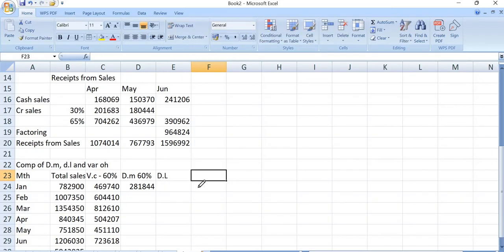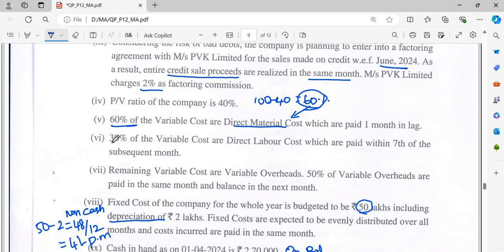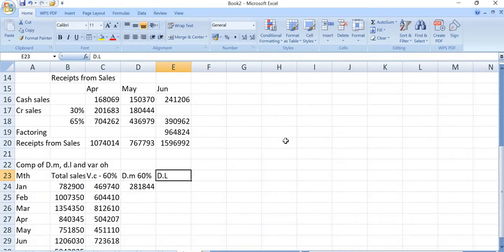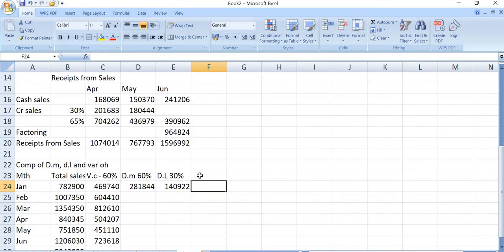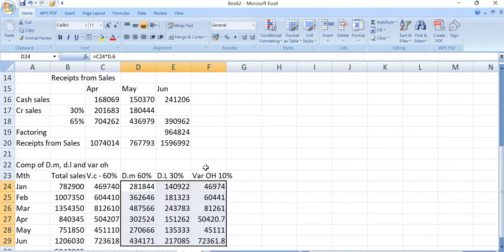So in this variable cost, our direct material is 60%. That is 469 into 0.6. So that means 2,81,844 will be my direct material. So direct labor will be 30%. So 469 into 0.3. So remaining, that is 60 plus 30, 90 gone. So remaining 10% will be my variable overheads.